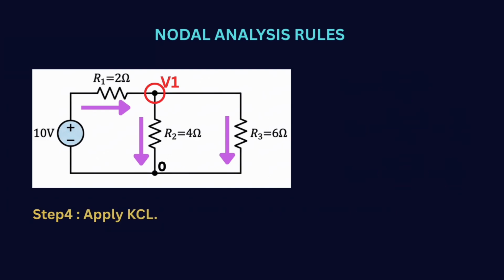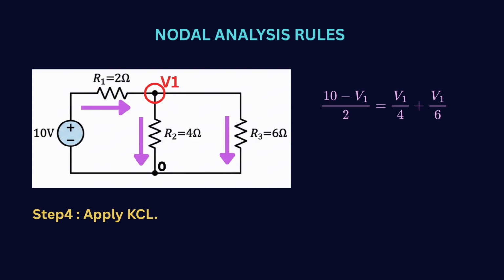Now let us apply KCL. If you consider the node V1, assuming clockwise current direction in both the meshes, current enters the node V1 through resistor R1 and exits through resistors R2 and R3. Therefore, we have (10 minus V1) by 2 equal to V1 by 4 plus V1 divided by 6.